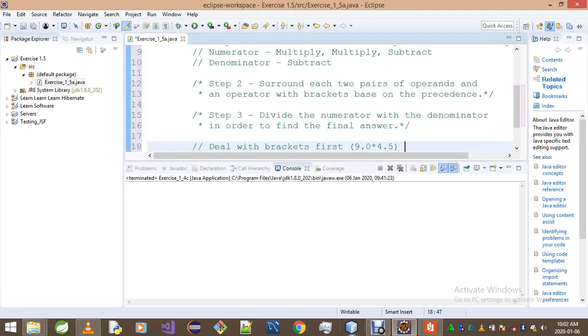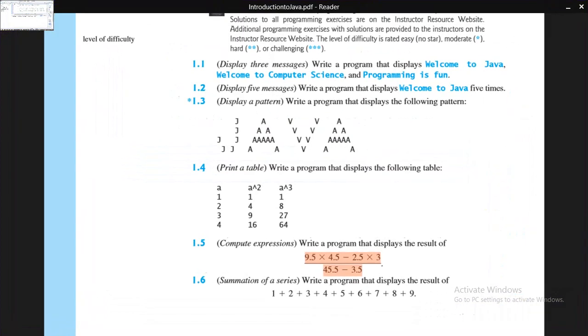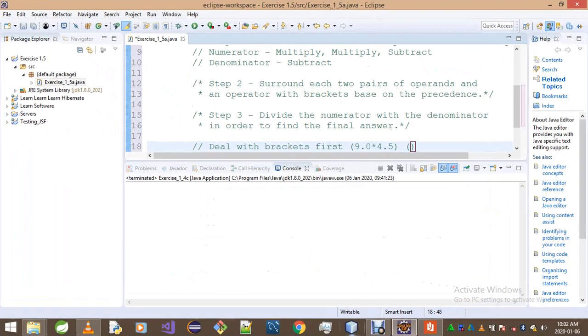That's our first bracket. Our second bracket will contain 2.5 multiplied by 3.